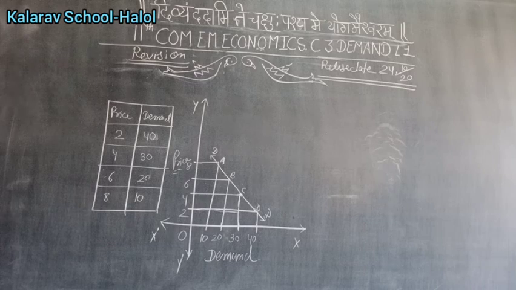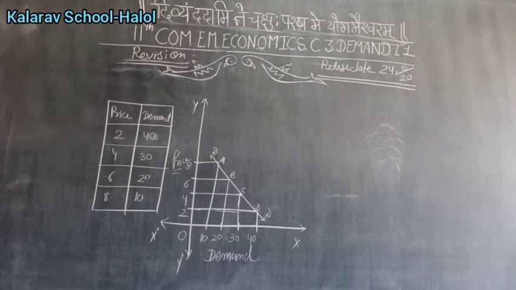Next is price elasticity of demand. The quantitative relationship between the proportionate change in demand and the proportionate change in the price of a commodity is known as price elasticity of demand. And last is income elasticity and cross elasticity.